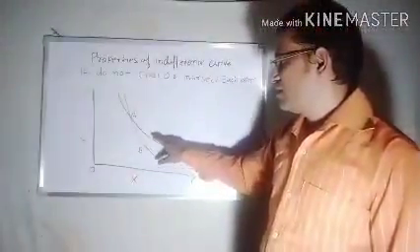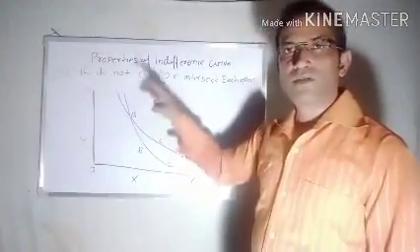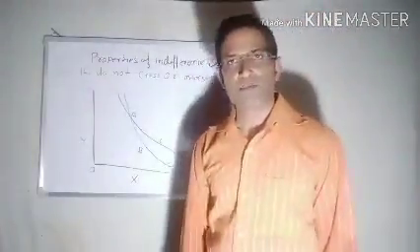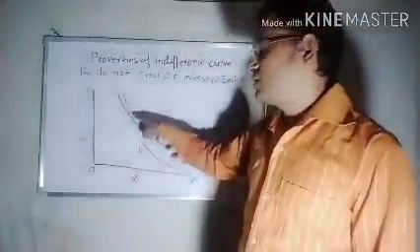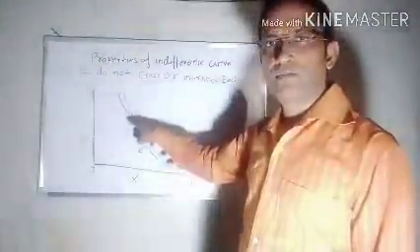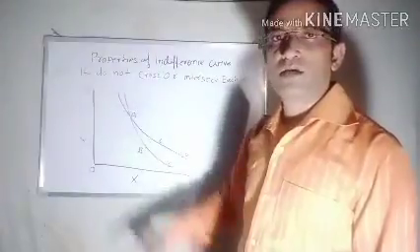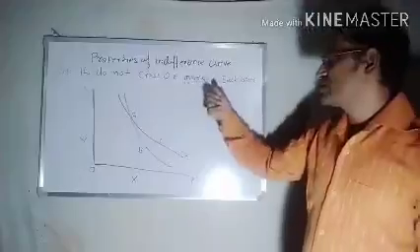So how is it possible that we are getting the same level of satisfaction as at A, which we already discussed in the assumption is not possible? A higher level of indifference curve always gives a higher level of satisfaction, so they can never intersect each other, because A would be one point on both curves. It is not possible, so we can say ICs do not cross or intersect each other.